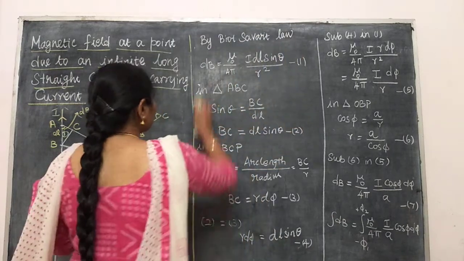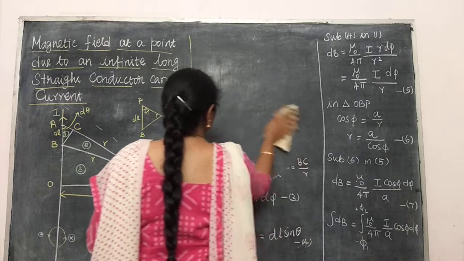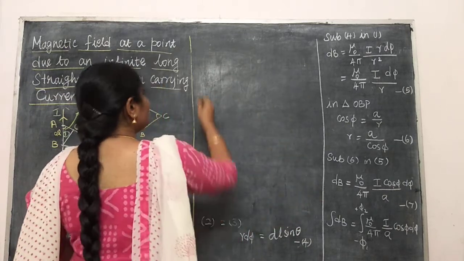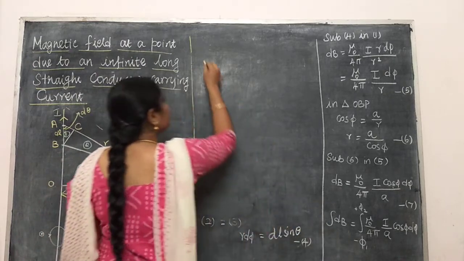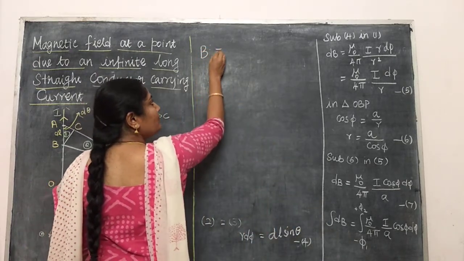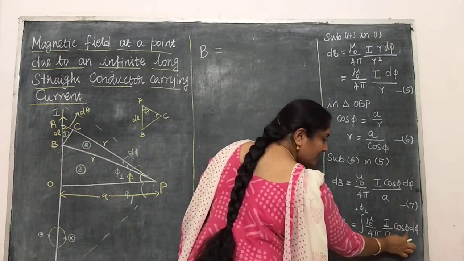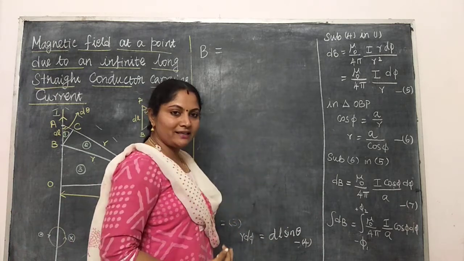See, integral of dB is nothing but B. So B is equal to, what we are going to integrate is cos phi d phi alone. The other terms are taken outside.